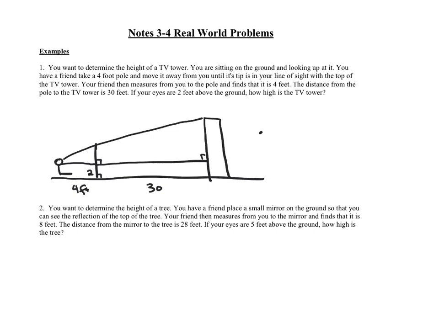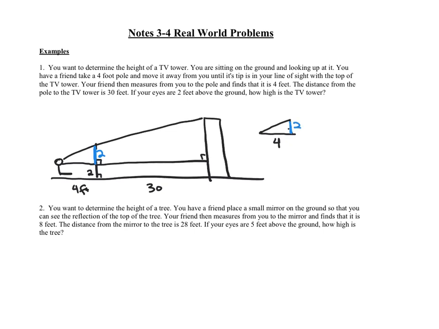The one that comes from your line of sight to the pole. We know that the distance to the pole is 4, and because the pole itself is 4 feet and your eyes are 2 feet off the ground, this distance, which is part of this triangle right here, will also be 2 feet.